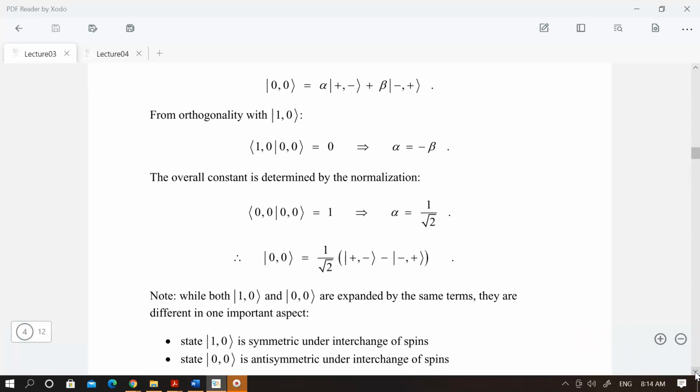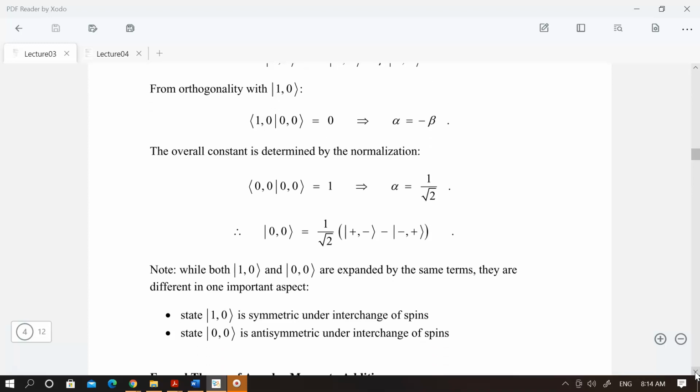One of the things that one should also learn from this topic is essentially the symmetries of this state. If I interchange the plus and minus here, and consequently for this one, meaning I swap spin 1 with spin 2, what will I have in this case? I will have minus plus, and then this will be plus minus.